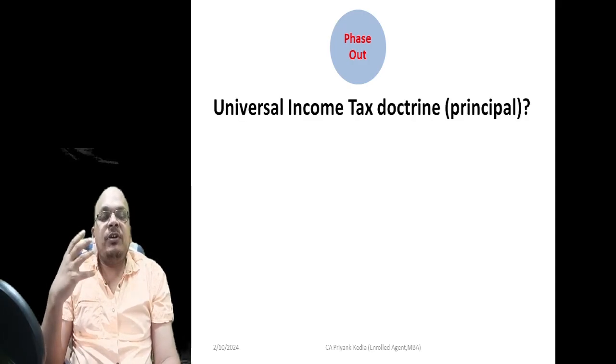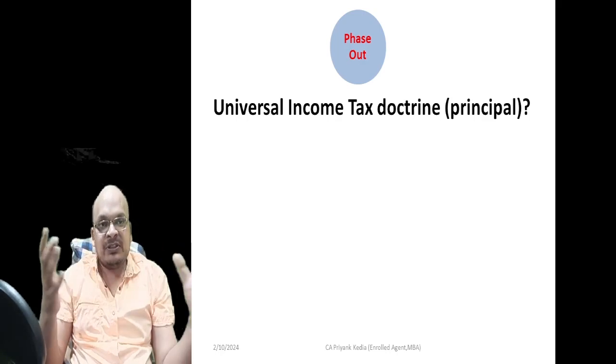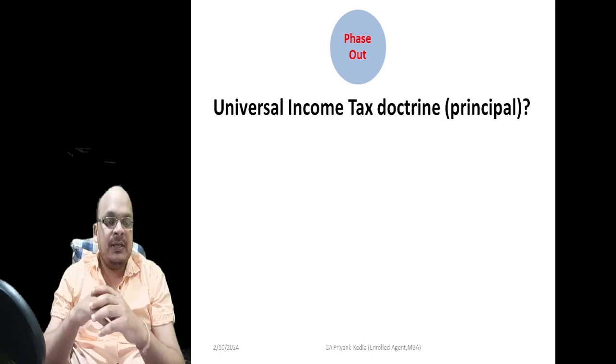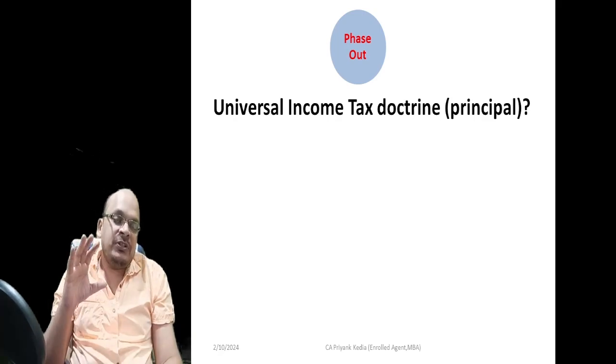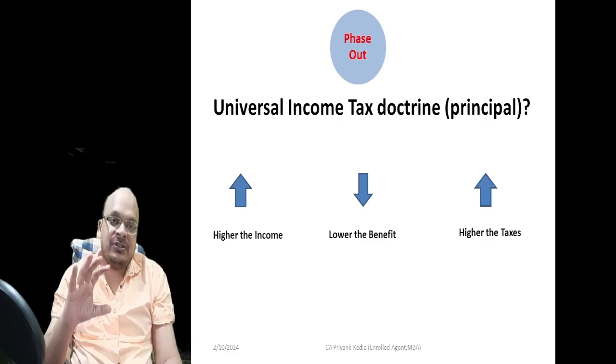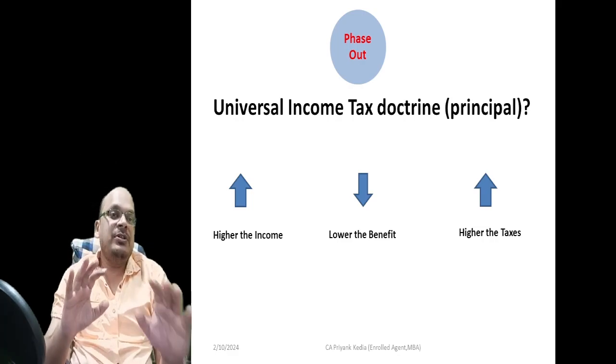Now, what is the universal income tax principle or doctrine followed by all governments everywhere when they decide upon the taxability of income? The common principle followed is: the higher your income, the lesser is the benefit, and thus higher are the taxes on that particular person. Just remember this principle.